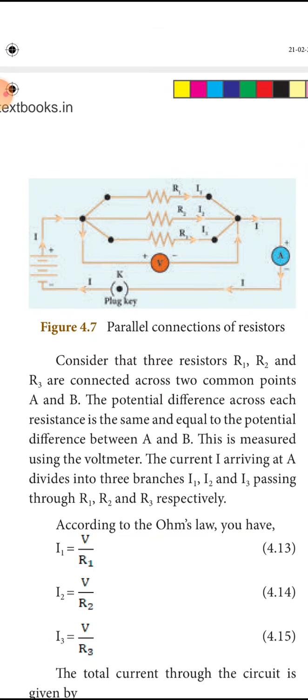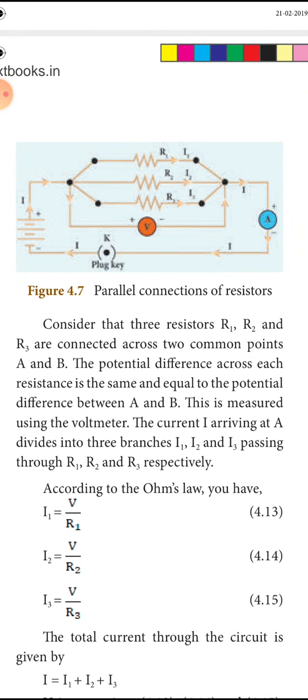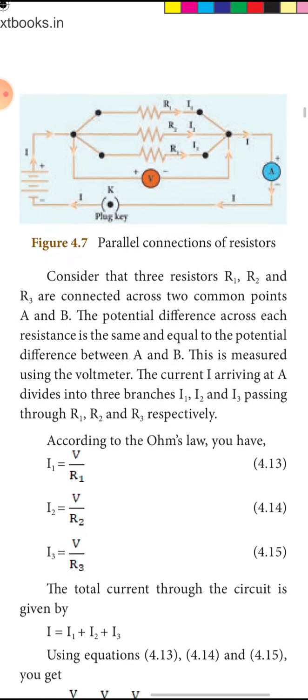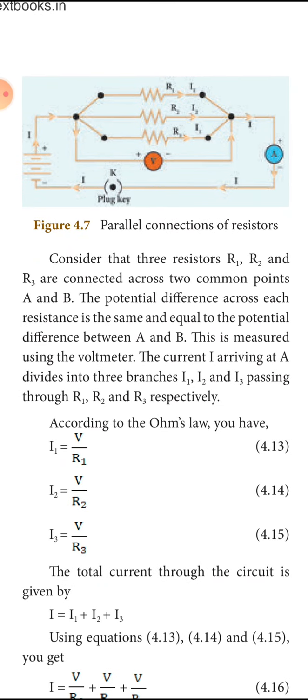Consider R1, R2 and R3 connected to two common points A and B. The potential difference across those 2 points is the same through all of them, and it is measured using a voltmeter. The current I arriving at A divides into 3 branches, I1, I2 and I3, passing through R1, R2 and R3.